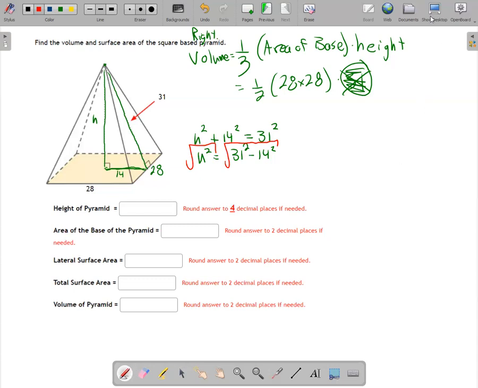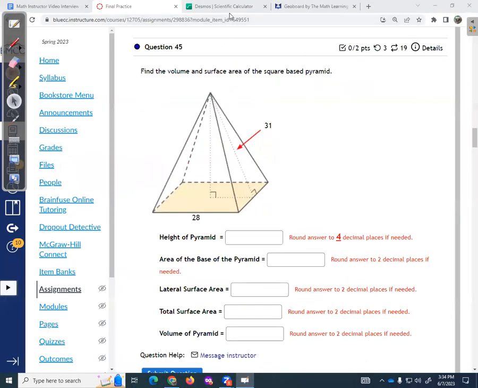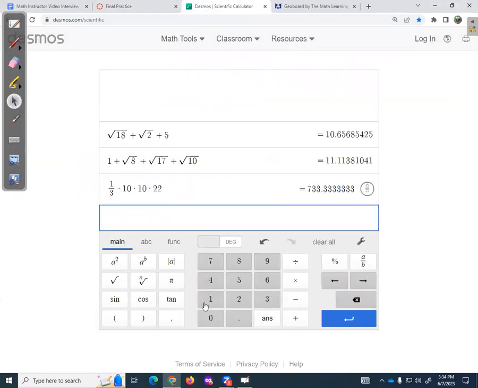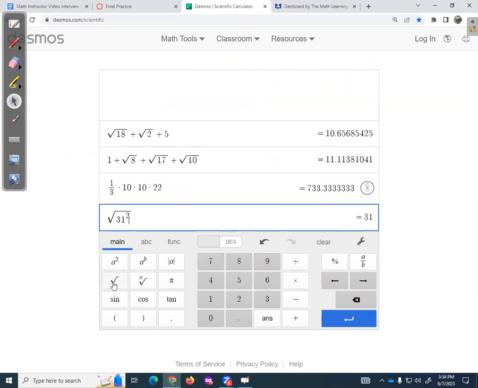Let's go ask the calculator. So I want the square root of 31 squared minus 14 squared. And yeah, it's an irrational number. It didn't come out to be a nice square root of a whole number. So about 27.65863.